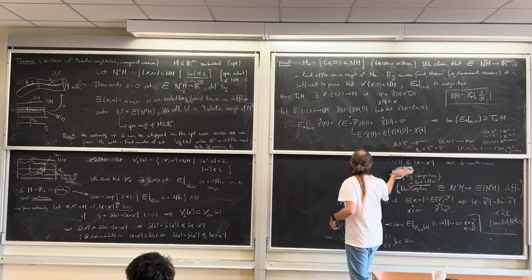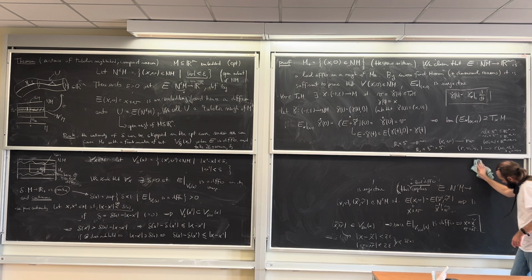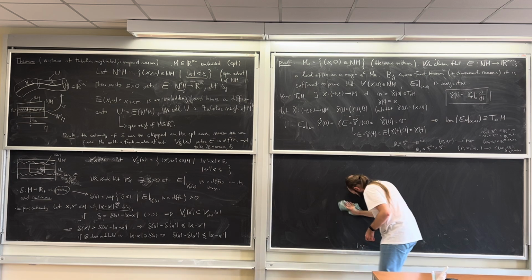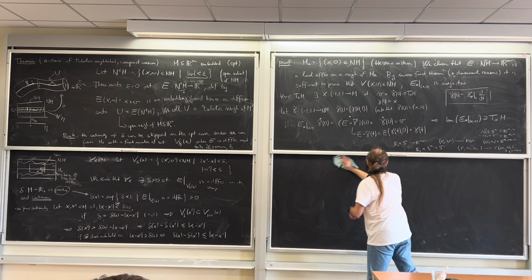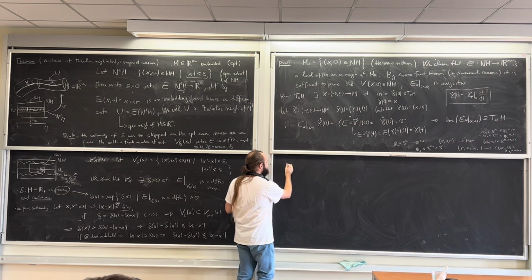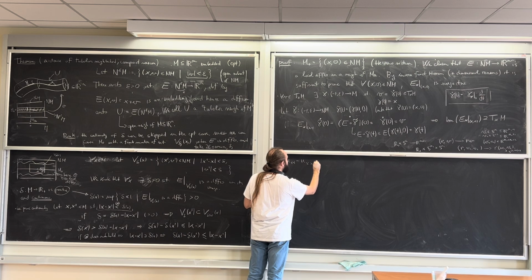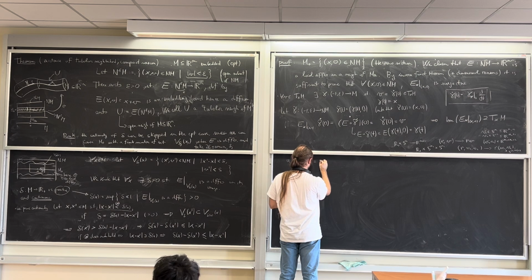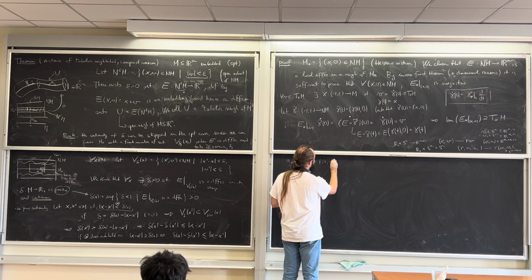Last time we computed the Green function of the wave equation, namely, the equation was u_tt minus u_xx equals some f of t and x.